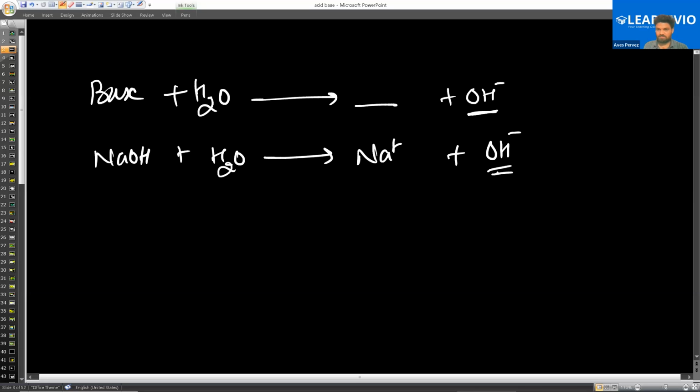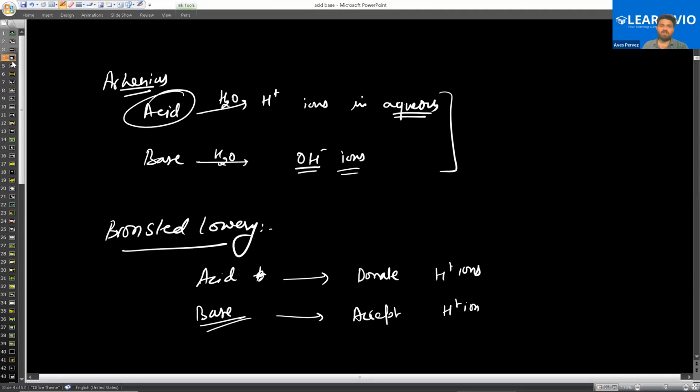Now moving further, acidic property is shown by H plus ions and basic property is shown by OH negative ions. According to Arrhenius, acids are those substances that produce H plus ions in aqueous solution, and bases are those substances that produce OH negative ions in water.